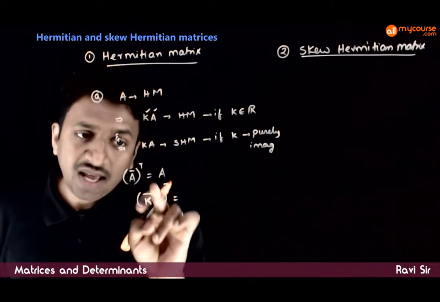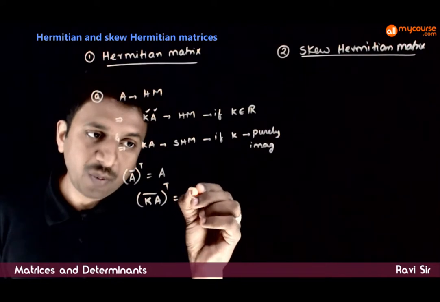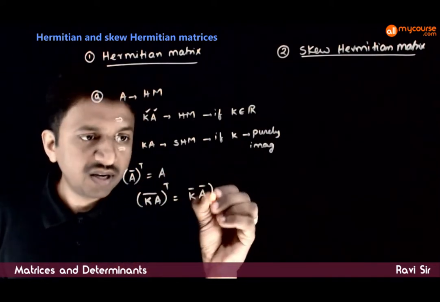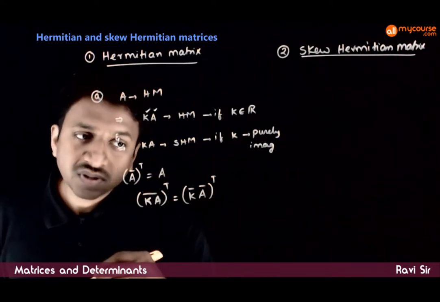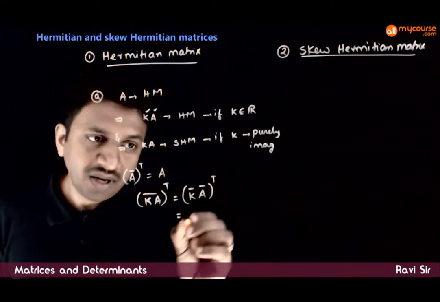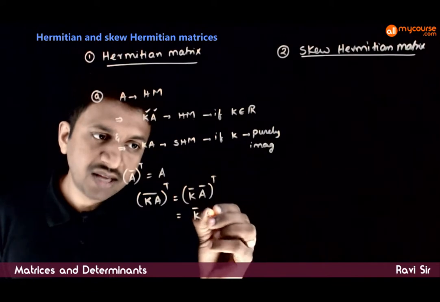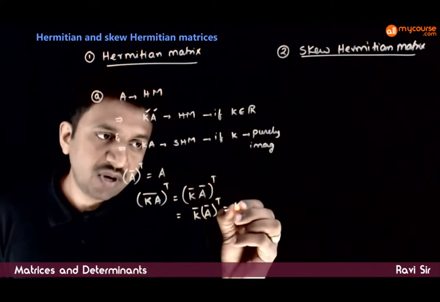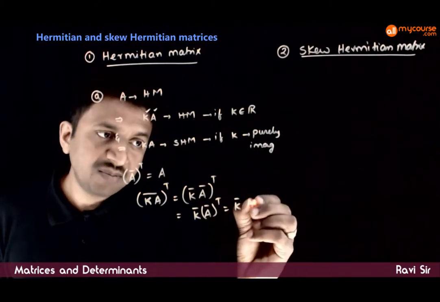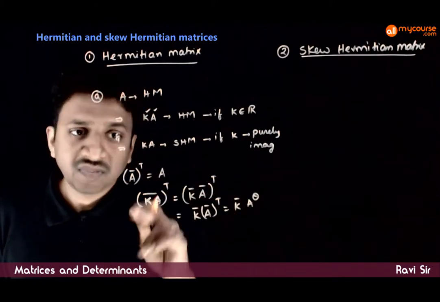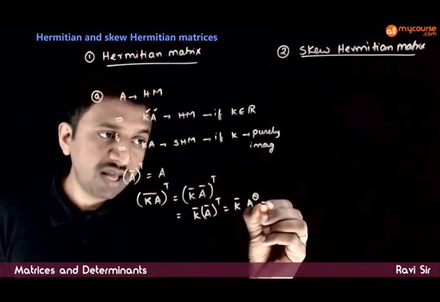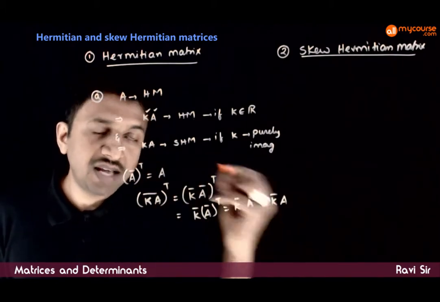KA conjugate, by the property, is K conjugate times A conjugate whole transpose. That is nothing but K conjugate times A bar whole transpose, which is equal to K conjugate times A theta, but A theta is equal to A, so this is K conjugate times A.